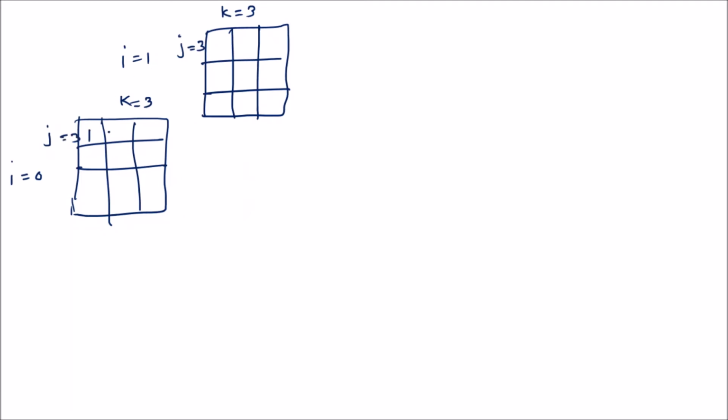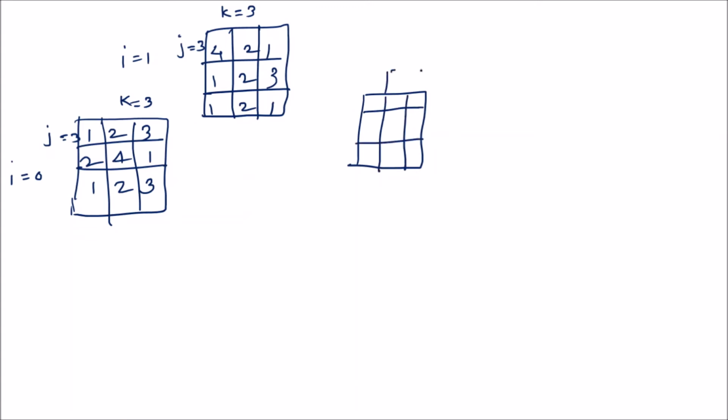Now the elements are 1 2 3 2 4 1 1 2 3, and in the other frame 4 2 1 1 2 3 1 2 1. So it has rows, and it also has elements there. This is I, this is j, and this is k. There may be multiple frames also in a three dimensional array.